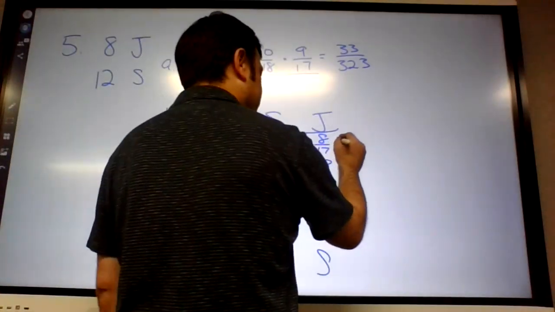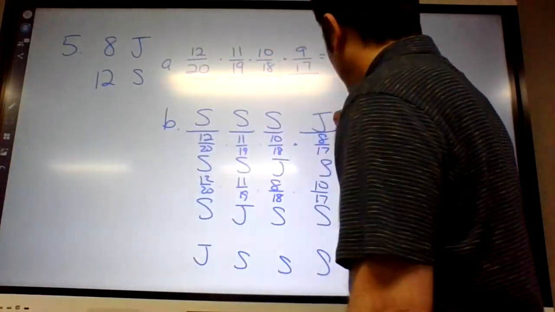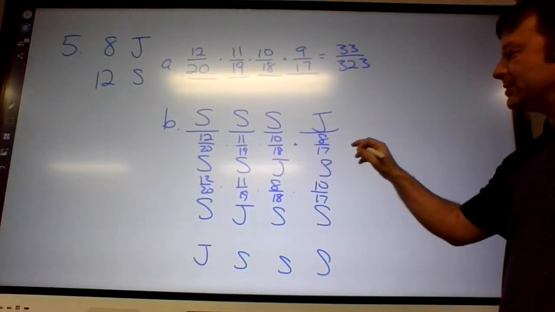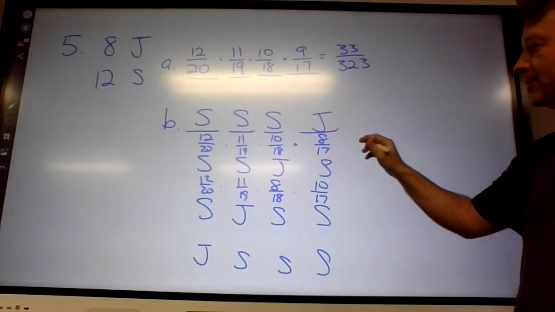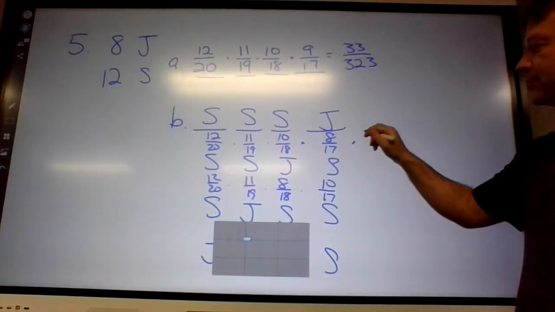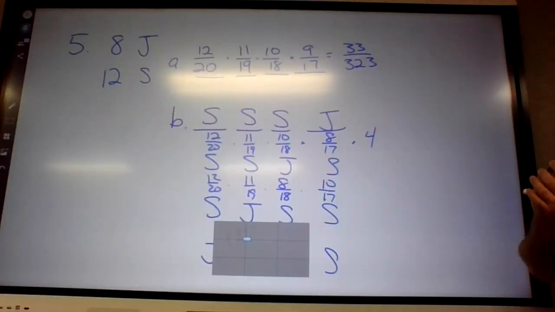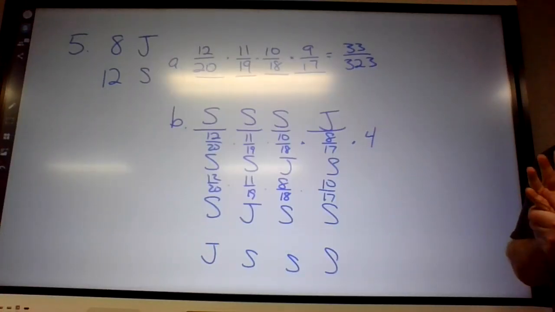Okay, so, whatever this answer is, there's going to be 4 of these. So you could add the same number together 4 times, or you could just say times 4. There's 4 different ways this could happen.